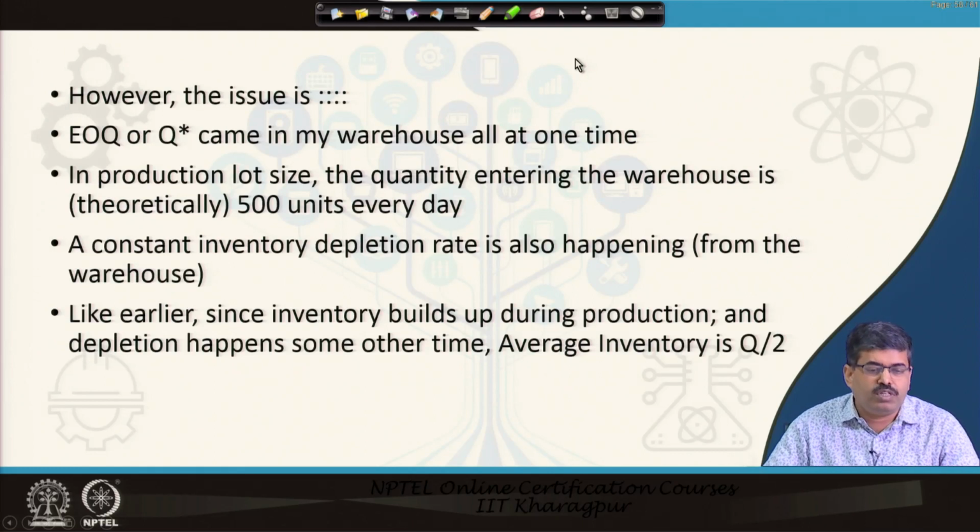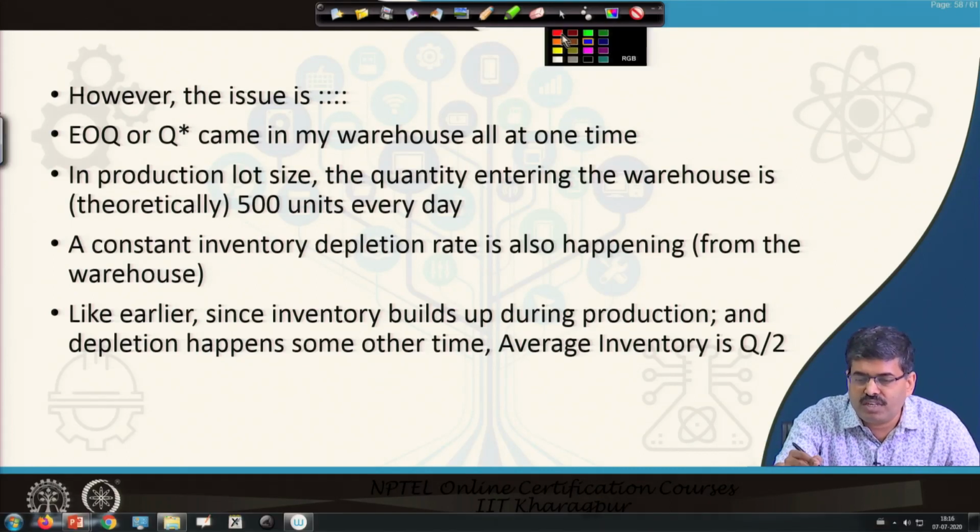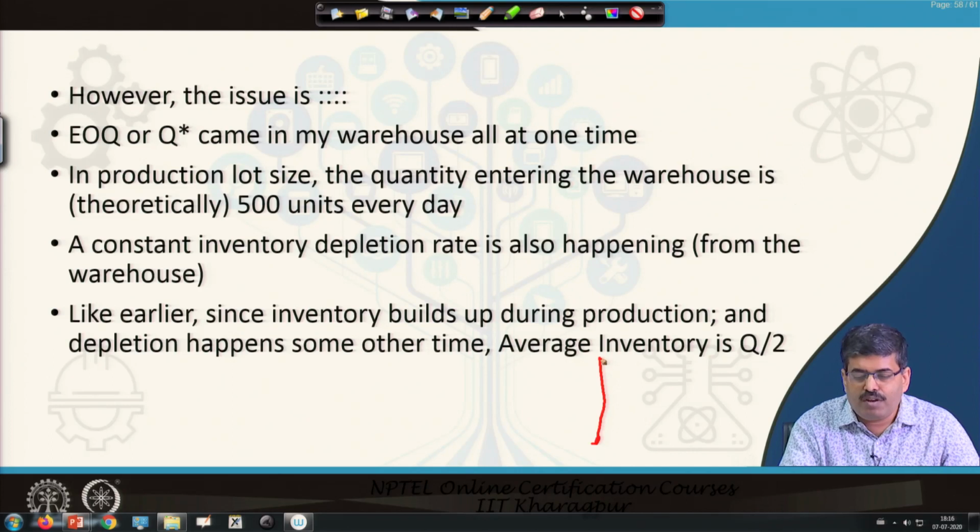However, the issue is EOQ or Q star came in my warehouse all at one time. In production lot size, the quantity entering the warehouse is theoretically 500 units every day. A constant inventory depletion rate is also happening. So, 500 units are coming in, stock is increasing, and your stock is also going out, selling.